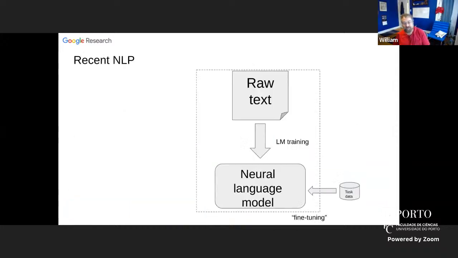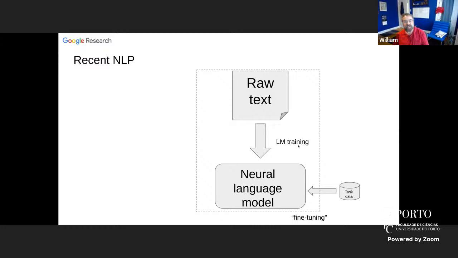Like I said, in most recent NLP, you take a whole bunch of raw text, you build this neural language model, which tries to predict patterns in that text, and then you fix that. Then you take it to a whole bunch of different applications. You've got some specific task data, and you run that data through the language model, which is called fine-tuning, and get your results.